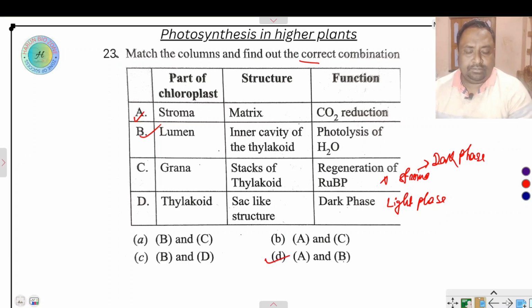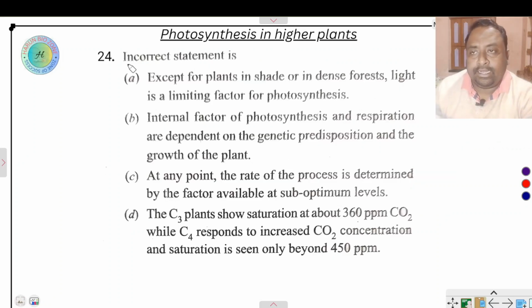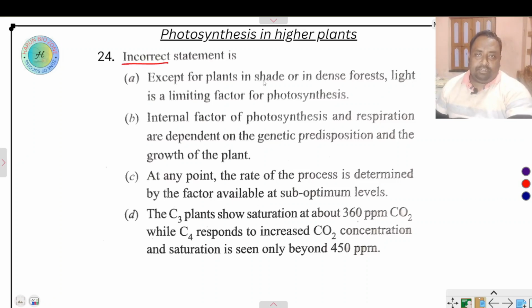Next question is, incorrect statement is except for plants in shade or dense forest, light is a limiting factor for photosynthesis. Definitely light is a limiting factor for photosynthesis, but high light intensity causes photooxidative damage of photosynthetic pigment.